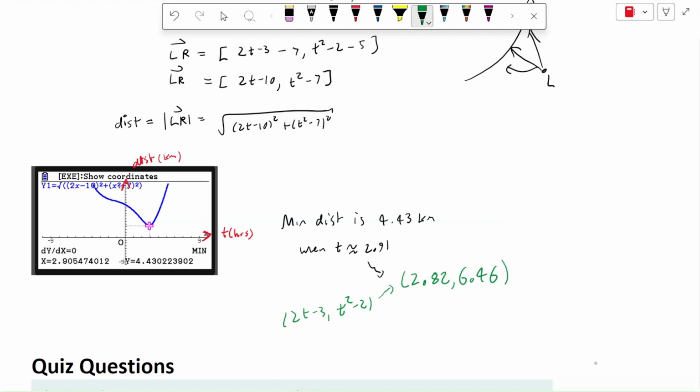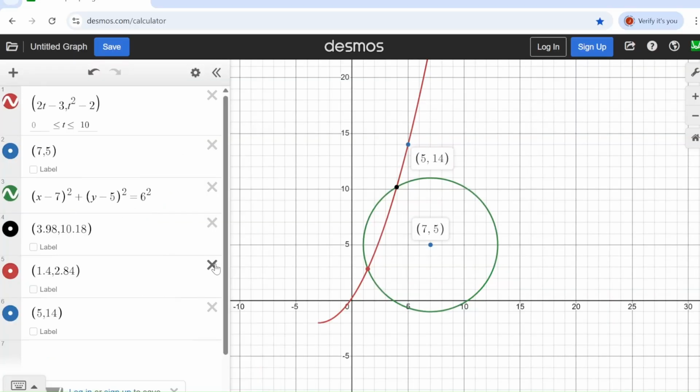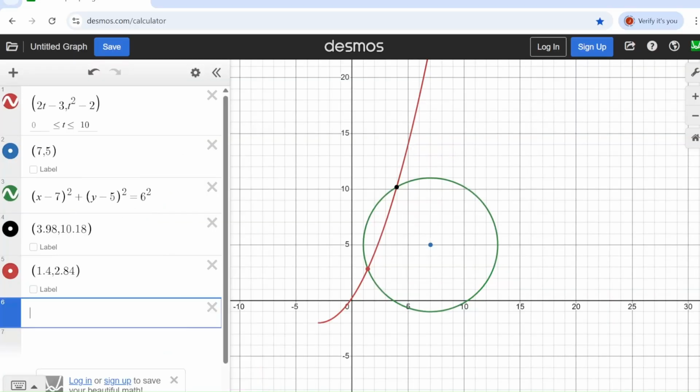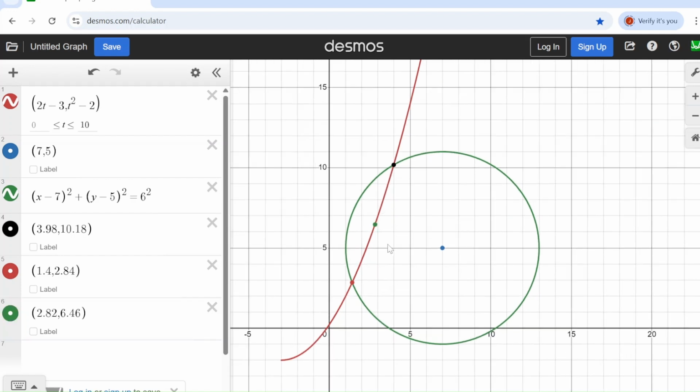So in theory, if I graph that point, 2.82 and 6.46, let's see what that looks like. You can see that green point there is apparently supposed to be the minimum distance. And I'm hoping you can sort of agree that if you're waiting for the raft to get really close to the lighthouse, it probably would be that green point where it's the closest.